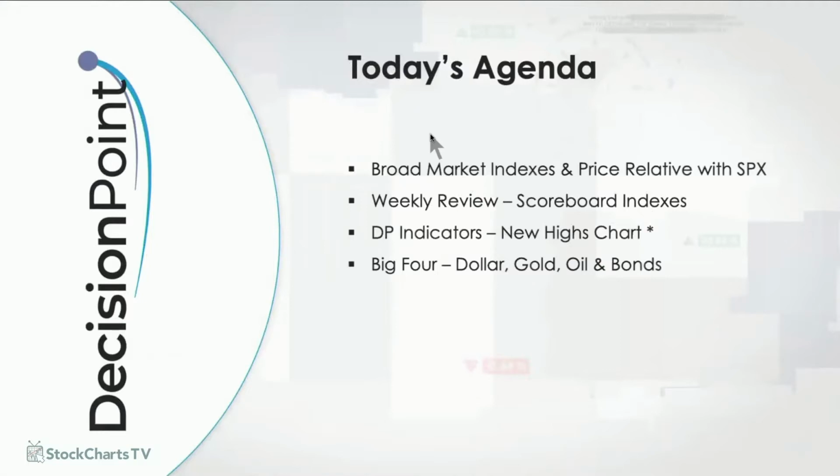Carl's going to be going over the big four: dollar, gold, oil, and bonds on the daily and weeklies. And then for our bonus today, we're going to look at a yield array. Carl showed me those charts, and they're quite pretty. And then we're going to look at some of the VIX divergences. So stick around for all of that.